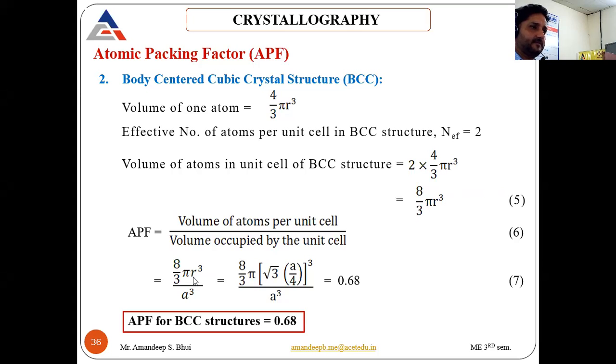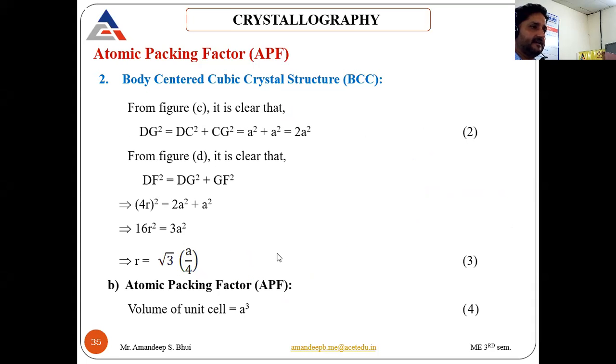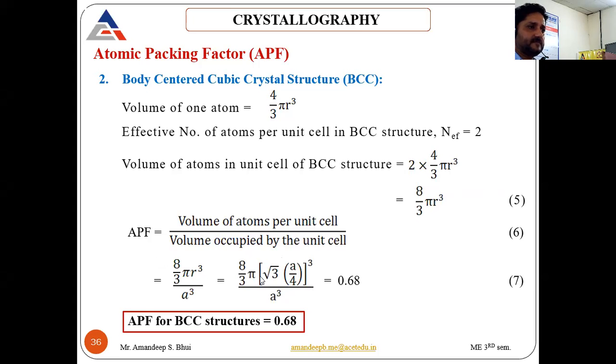So from the definition of the atomic packing factor, the volume of atoms we have calculated in equation number 5, it is 8 upon 3 pi r cube divided by the volume of the unit cell, A cube. So here we can substitute the value of R that we have evaluated previously in terms of A, that is R equals under root 3 A by 4. So it will be 8 upon 3 pi into (under root 3 A upon 4) whole cube upon A cube.